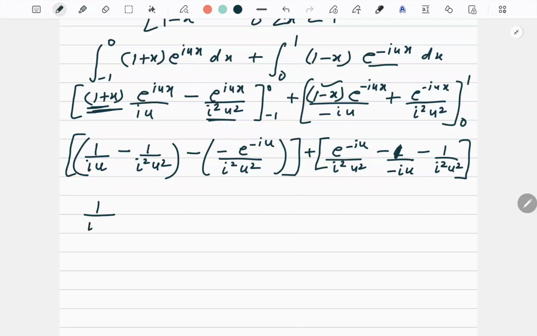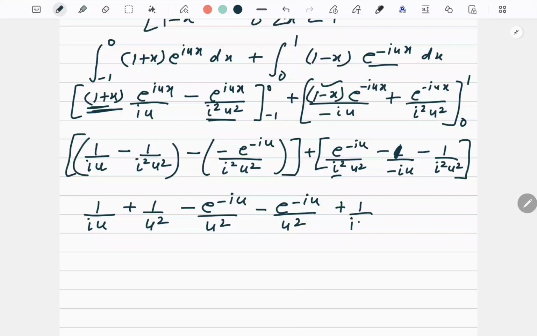So 1 upon iu plus 1 upon u square, because i square is minus 1, minus minus plus, and i square is minus 1. So minus e to the power minus iu upon u square, minus e to the power minus iu upon u square, because i square is minus 1. Then minus, this i is there with a negative sign. So this becomes plus. So plus 1 upon iu. Okay. And this is plus 1 upon u square. Right?